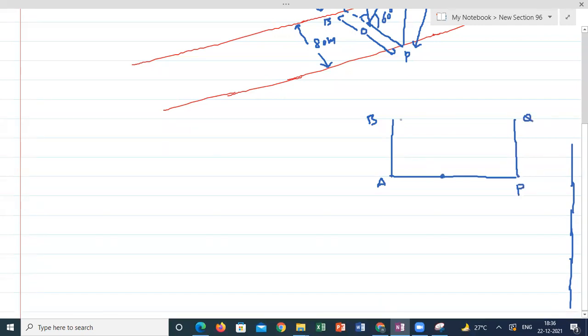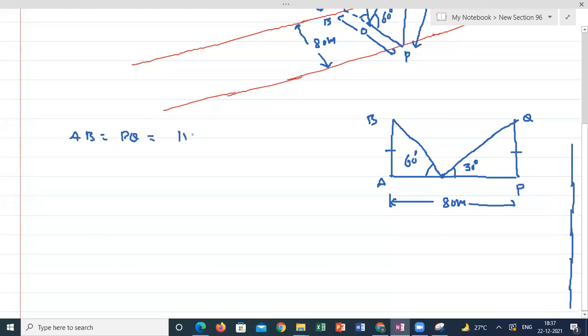There is a point from which he observes one pole at 60 degrees and the remaining pole at 30 degrees. The total distance, the width of the road, is 80 meters. And he is saying AB is equal to PQ, the heights of the poles. That is the only data we have.